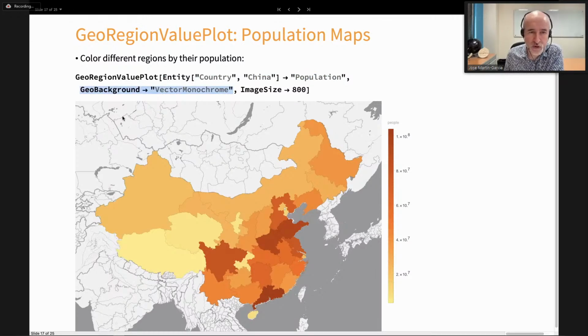The background we are going to be using is called vector monochrome, which is very useful to avoid distractions of other colors when we are representing things with a given color. And again, that's the size of the image. So this will go to Wolfram Alpha, get information about the subdivisions of China, their populations, etc. And this is the map we get.